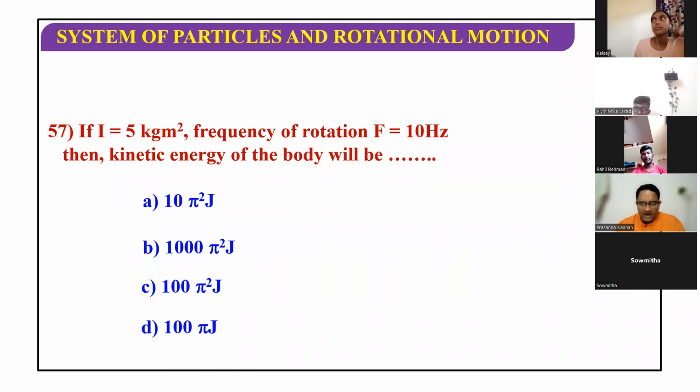So your kinetic energy is going to be half I omega square, but omega is nothing but 2 pi divided by T. But what is 1 by T? Isn't it frequency? I hope you remember the relationship between frequency and time period. Capital T is equal to 1 by F. If you don't remember it, please write it down.